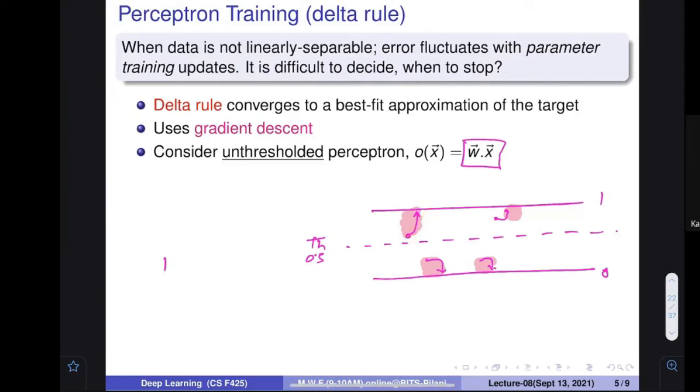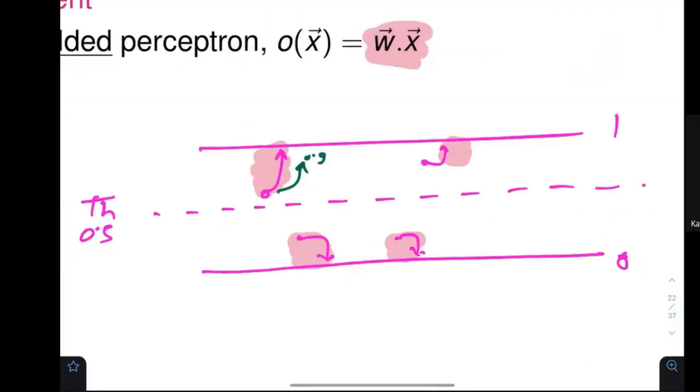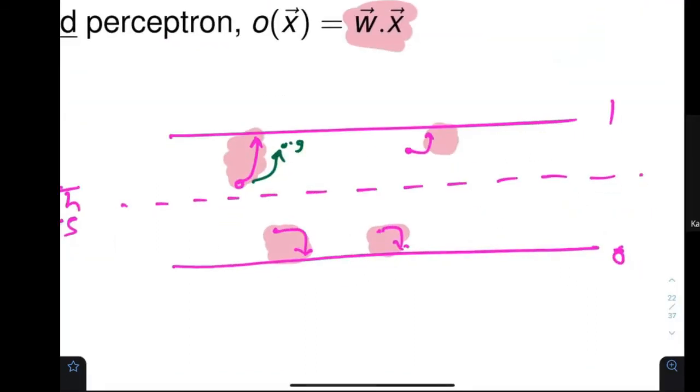But if I say that I'm going to remove the thresholding part, what does it mean? That this time this value should be very near to the 1. This is not an accepted value. For a right classification, maybe this value should be 0.9. So my method should pick this value in such a way that this becomes a higher value. If for example it is 0.3, no, it is not going to work. I need 0.1.